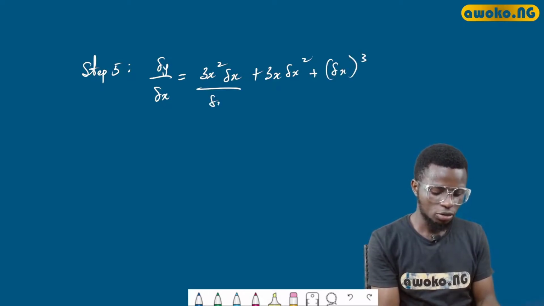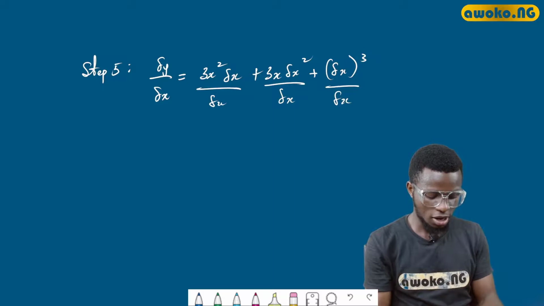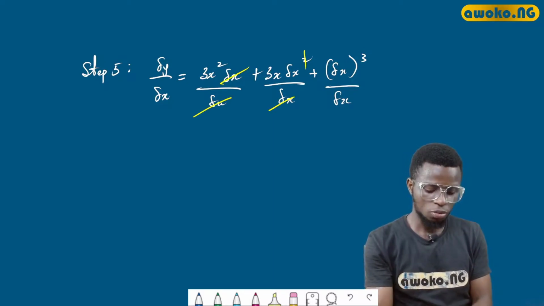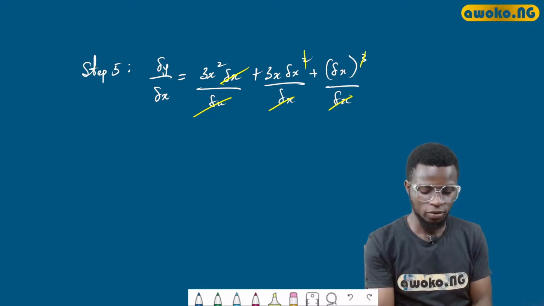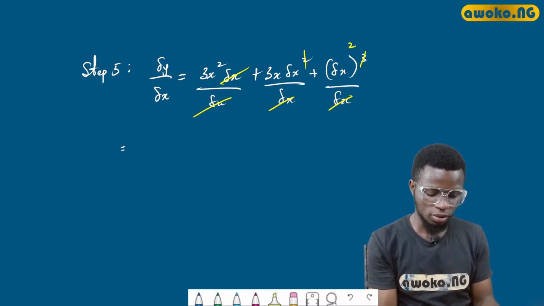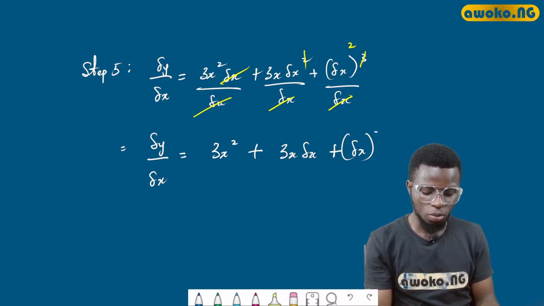So if we divide through by dx, divide through by dx, divide through by dx, we would now have to cancel these out. So cancelling out, this will be left with 1 and this will be left with 2. So this simplifies to dy over dx is equal to 3x squared plus 3x dx plus dx raised to the power of 2.